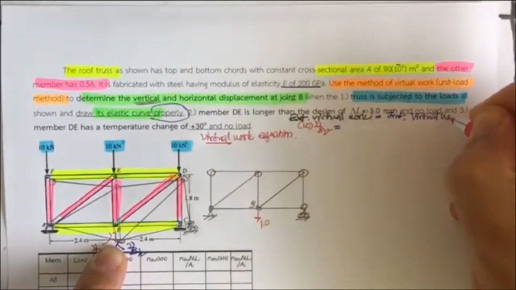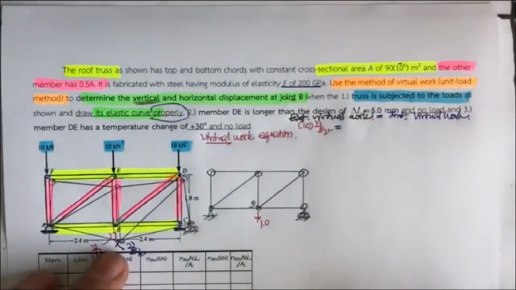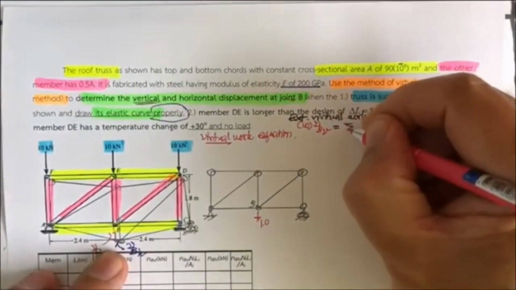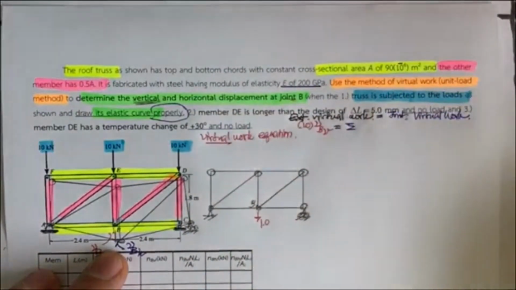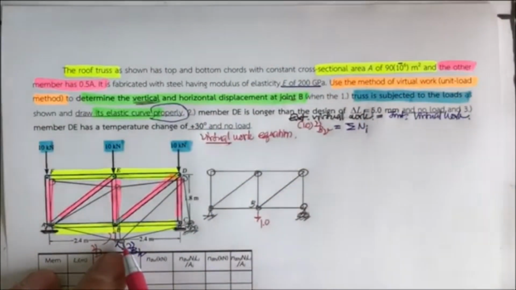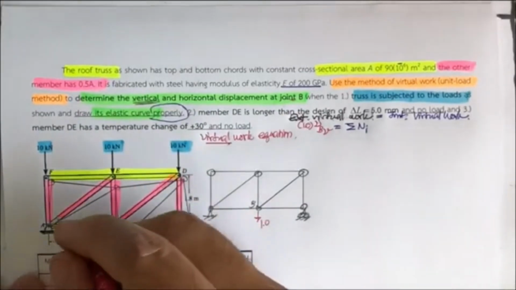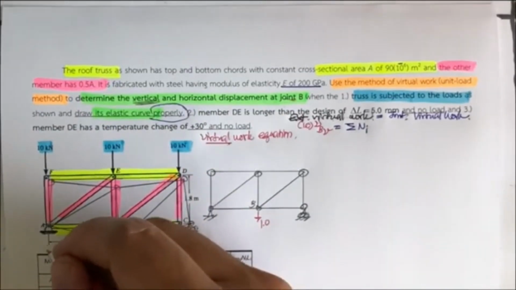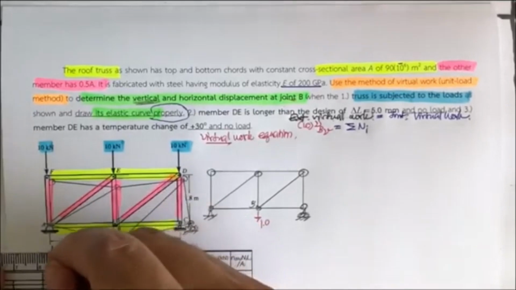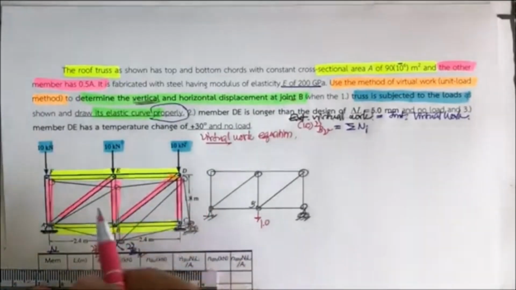Internal virtual work was derived previously, and we know that this is going to be the summation of the force due to the applied loads here. This is going to be used to determine the internal force due to the applied loads.